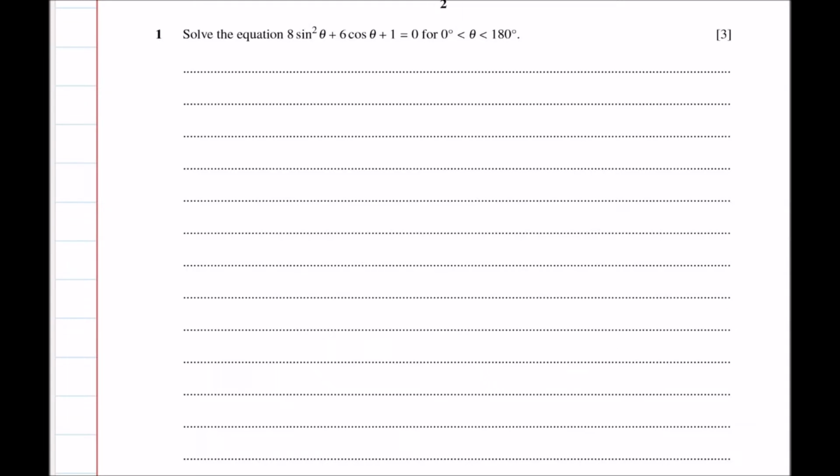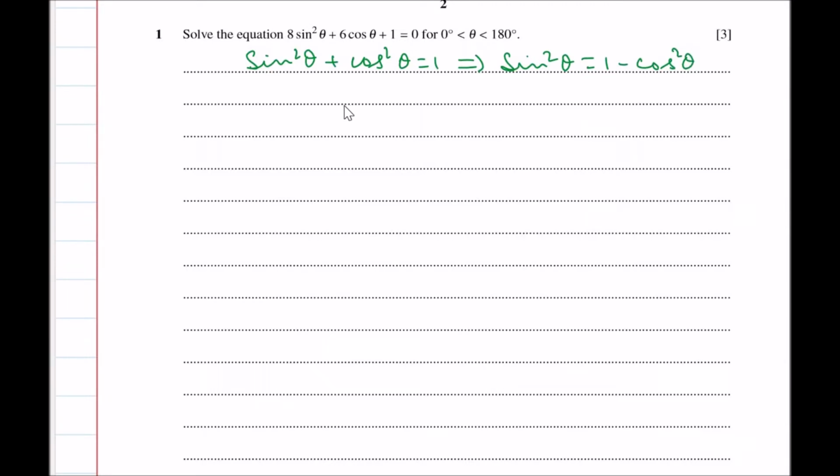And we know that sin square theta plus cos square theta is equal to 1, and this implies that sin square theta is equal to 1 minus cos square theta, right?